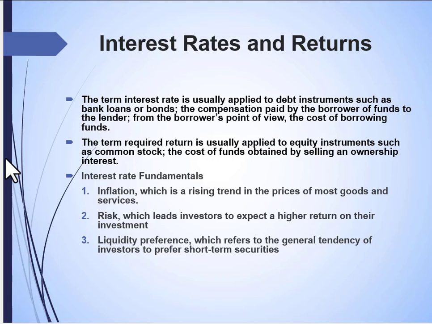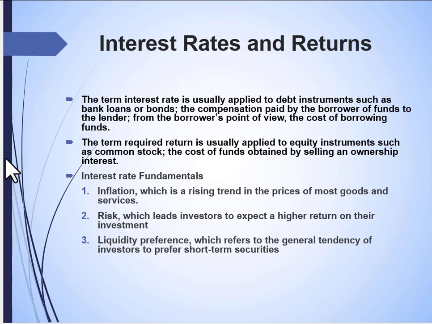The basic fundamentals are, as we mentioned earlier, inflation: with rising prices in products and goods, we see changes in interest. Risk, again, the risk comes from several different factors.